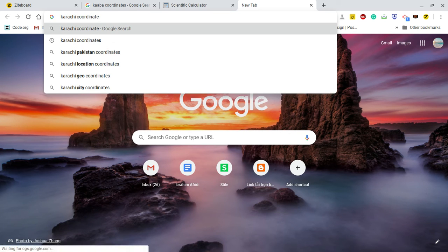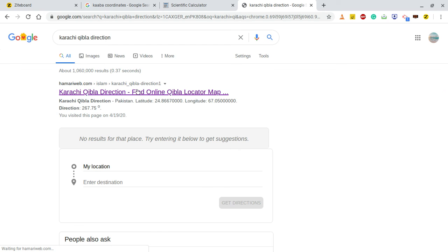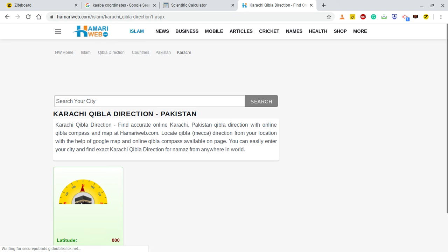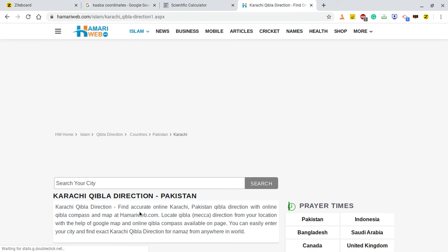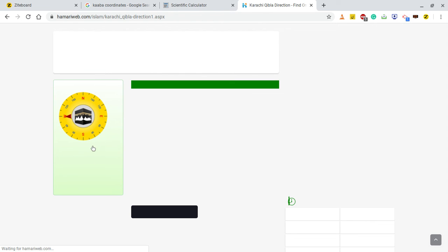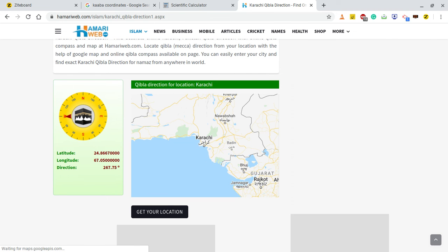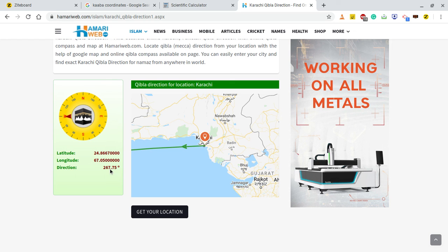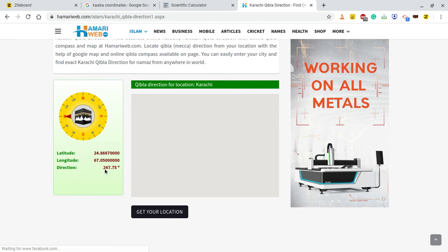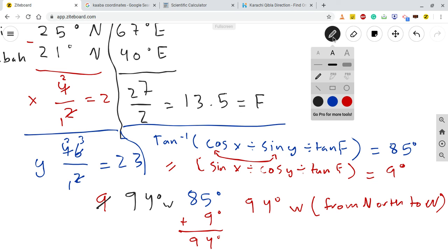Here it says that the direction is 267.75, approximately 268 degrees.